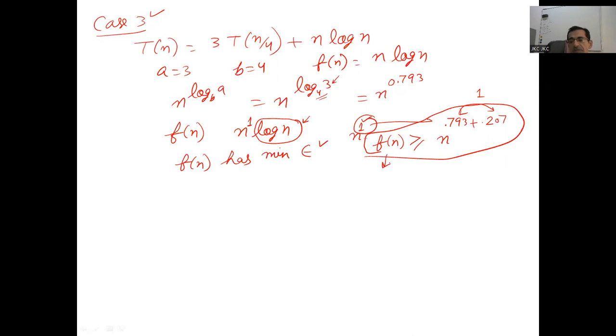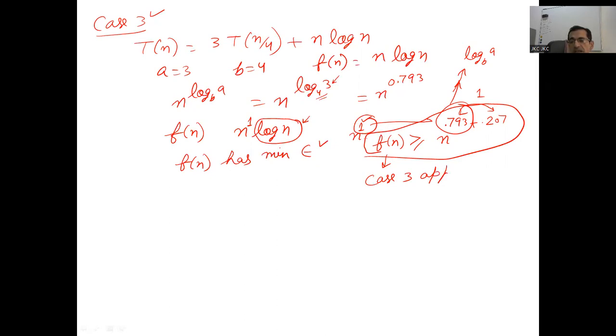If true, it means case 3 is applicable, because f(n) is n power log_b a plus something.